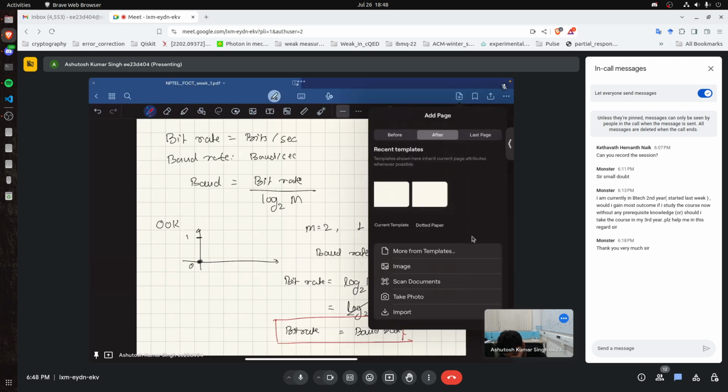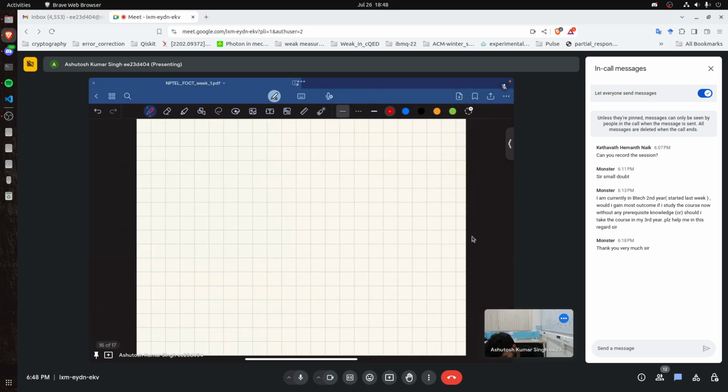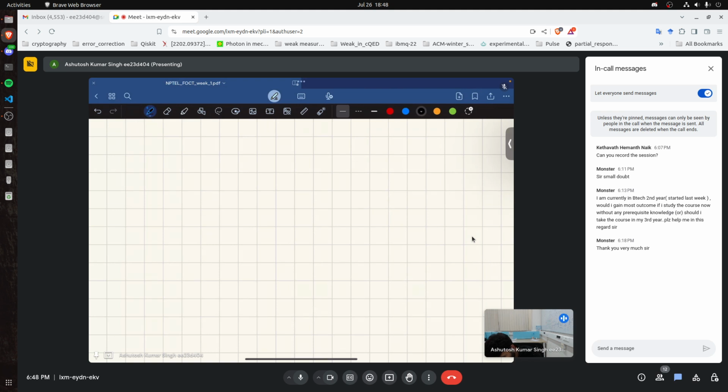But if we look at the other case, by other case I meant when I had 4 amplitude levels. I had 0, 0, 0, 1, 1, 0, 1, 1. What is my baud rate? Baud rate was still one symbol per unit time. I can't do better than one symbol per unit time. But what is my bit rate?